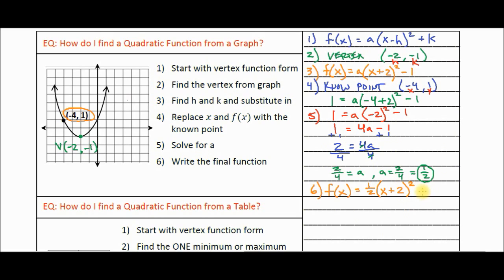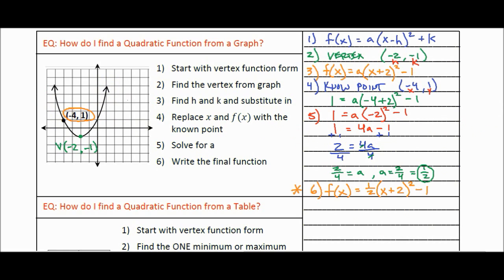So x plus 2 squared minus 1. So if you look, class, I actually went back to step number 3. I wrote the exact same function with the h value and the k value plugged in. All I did now was plug in the value of a. And here is your final answer. There is your function. This function actually will create this parabola.